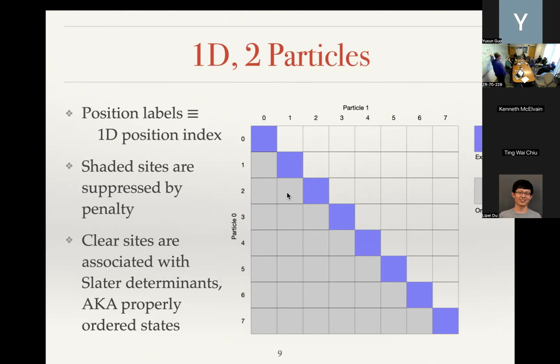Otherwise it'd be double counting. So I'm just arbitrarily saying this is the state in this rectangle that I'm going to use to represent that anti-symmetric state. It's a label of that properly anti-symmetrized state. Yeah, but where on the quantum computer do I anti-symmetrize? That's where I'm missing this. I mean, this represents that anti-symmetrized state.